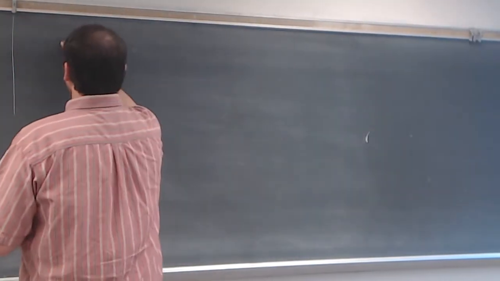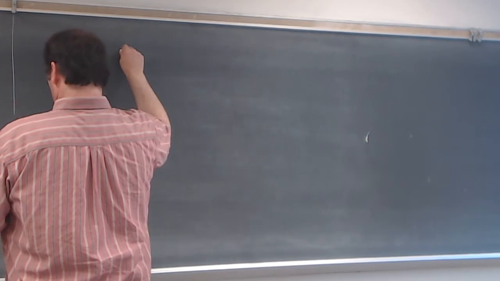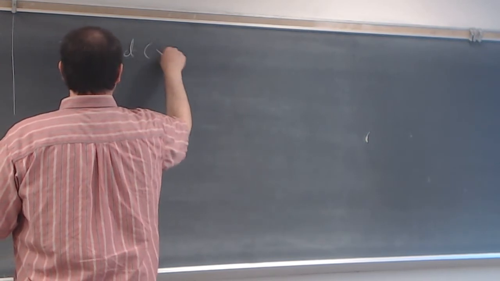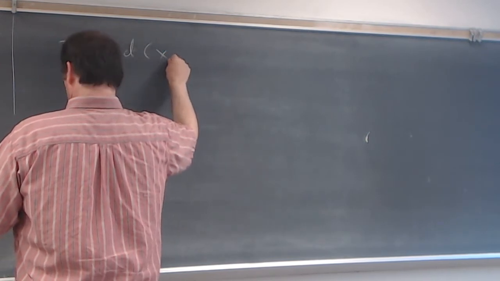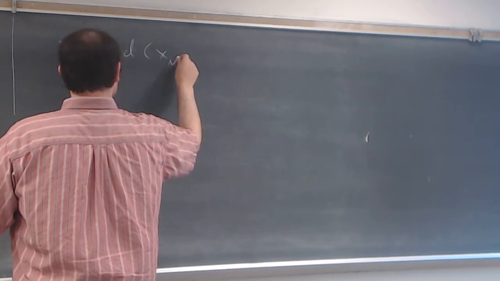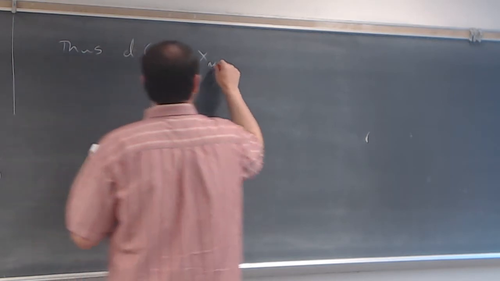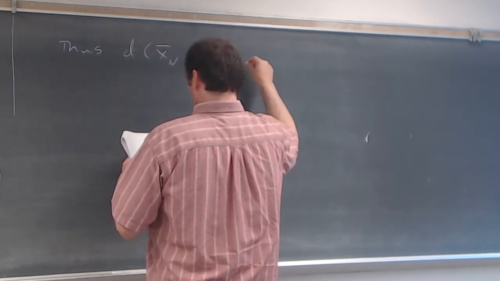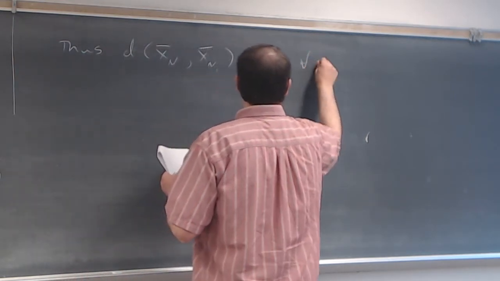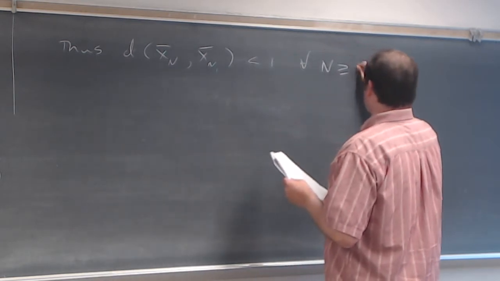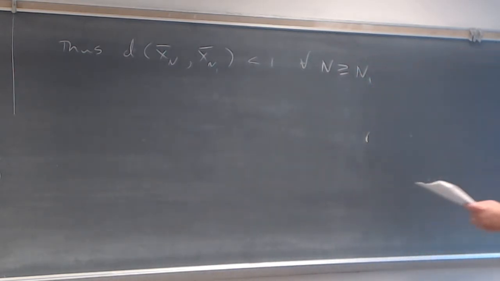What that tells us, thus, is that the distance between x sub n and x sub n sub 1 will be less than 1 for all big N bigger than or equal to n sub 1.